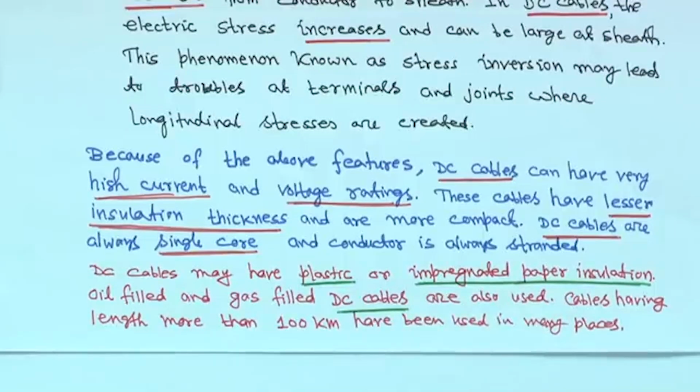Cables having length more than 100 kilometer have been used in many places. So, compared to AC cable, HVDC you can use at high voltage level, right. And in many places up to 100 kilometer length cable have been used, but you have to consider all these things.